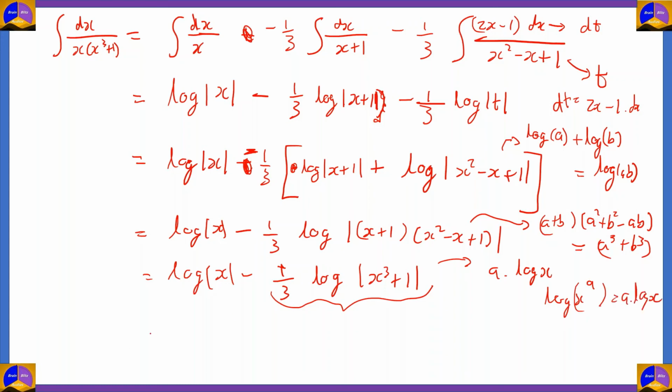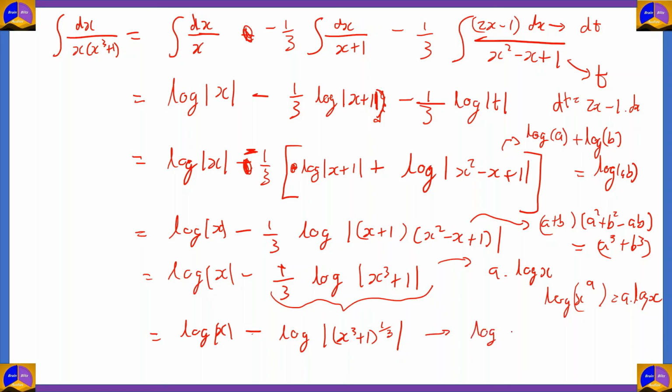So therefore, we'll get log mod x minus log mod x cubed plus 1, the whole raised to 1 by 3.